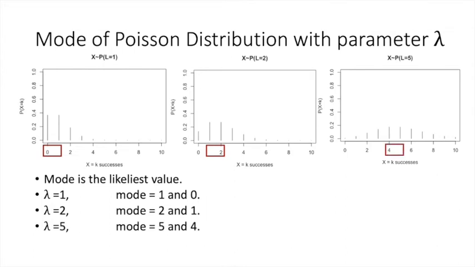When lambda equals 5, the mode has again 2 values, which is 5 and 4. So a natural pattern is emerging. Can you guess it? Well, I hope you have, and we can say generally the mode has 2 values, and those values are lambda and lambda minus 1. Note the code for plotting these graphs is in the description beneath this video.